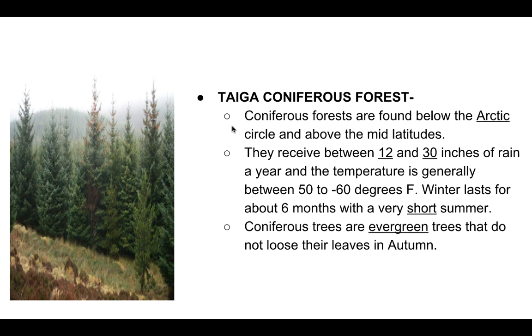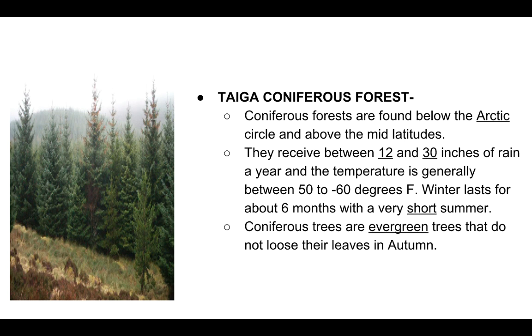and about mid-latitude. They receive between 12 and 30 inches of rain a year, and the temperature is generally between 50 and 60 degrees Fahrenheit. Winter lasts for about 6 months with a very short summer. And some students have said this is a desert.